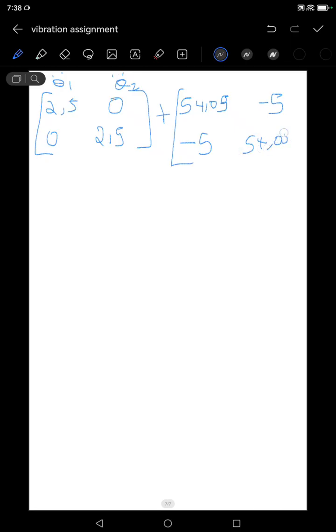So here we just substituted the values that we were given. Here's going to be theta 1 and then theta 2, all equal to 0. So this is how we determine the equation of motion. We also write it in matrix form.